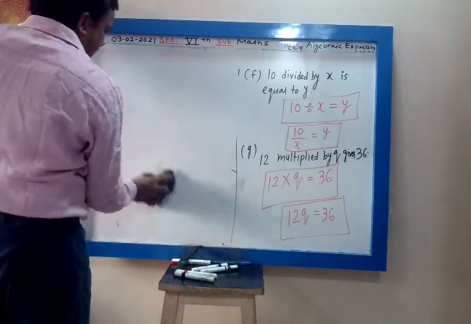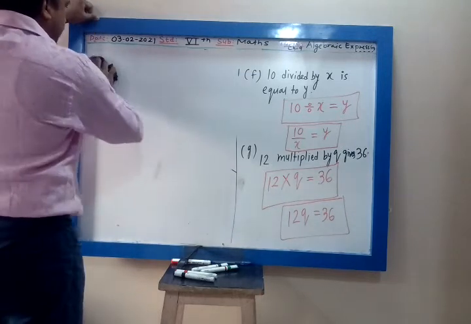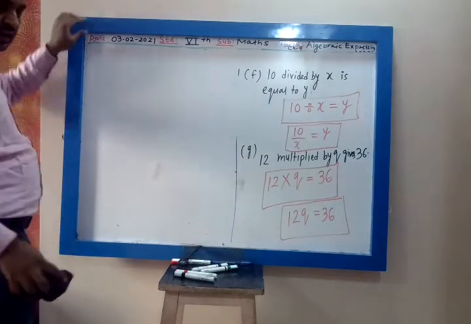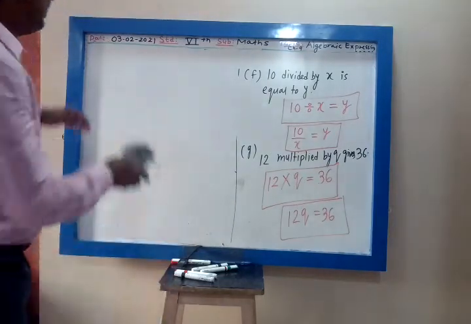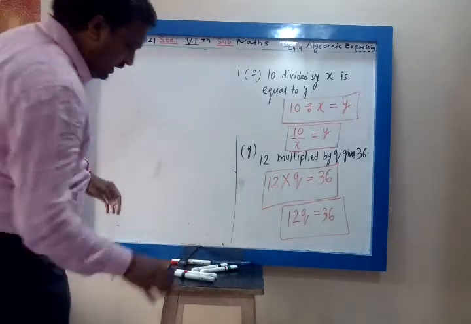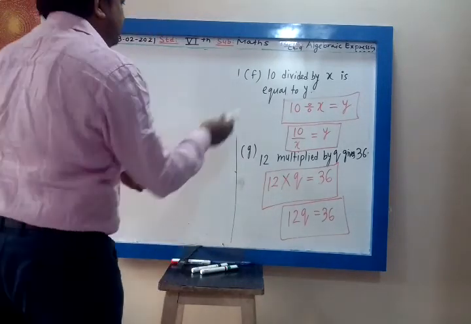Now in the fifth one, we have to write the mathematical form into words.